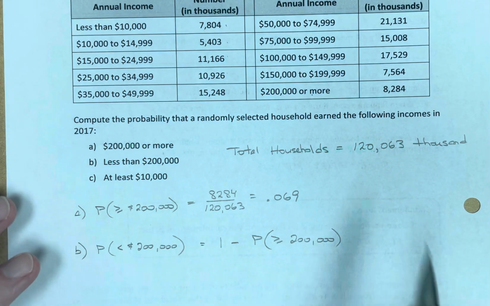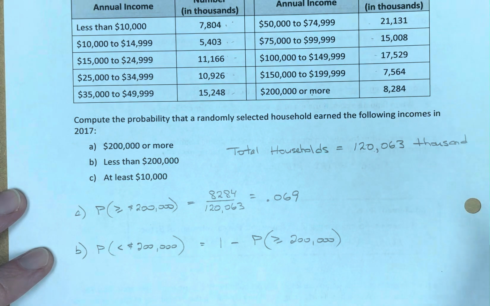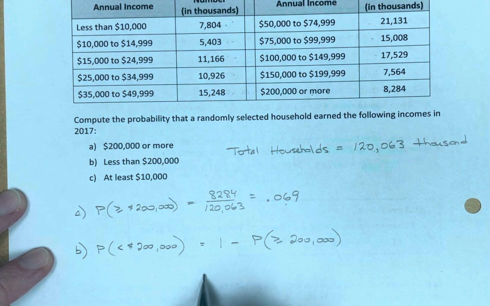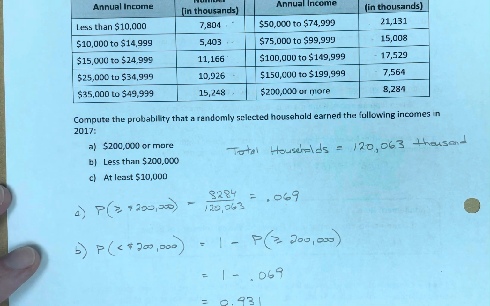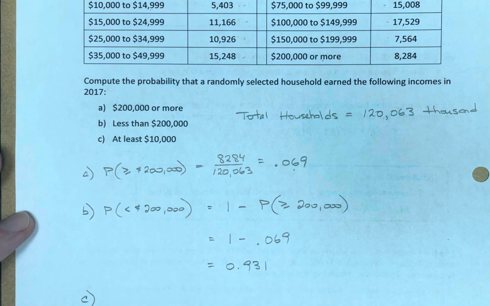That's a whole lot easier than adding up all of these individual probabilities. In fact, we've already calculated it here. So this is 1 minus 0.069, which gives us 0.931.